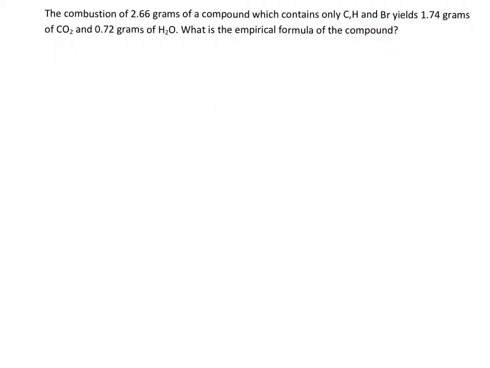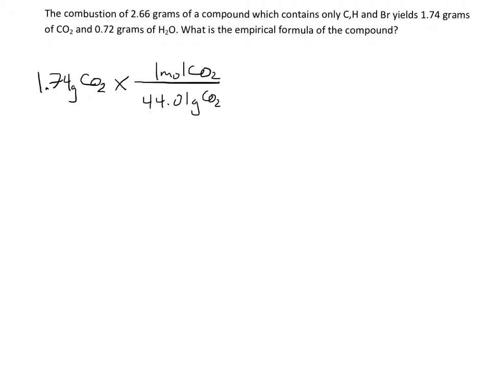So let's start off by using our carbon dioxide, 1.74 grams of it, to find out how much carbon we produced. To do this, we'll set up some stoichiometry. First step is just to convert grams into moles. The second step is to see how many carbons there are in the carbon dioxide, since we're trying to figure out how many grams of carbon were produced. If we look at 1 mole of carbon dioxide, 1 CO2, there's 2 oxygens and 1 carbon.